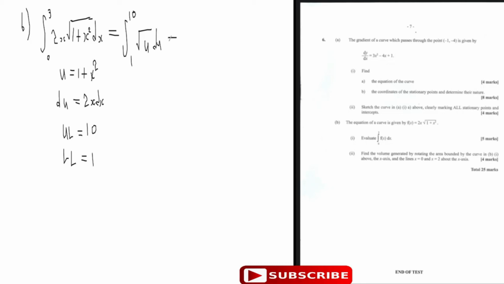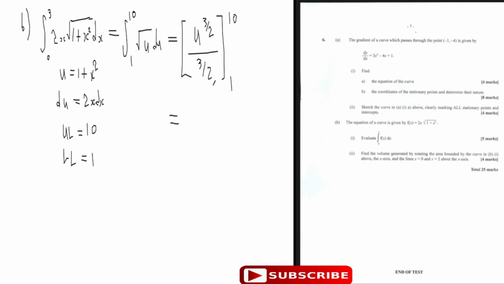Doing this integral, this is u to the half. So we add 1 to the power to get u to the 3 over 2, divide by 3 over 2, and we're integrating that from 1 to 10. Nice and easy. So you work that out now.